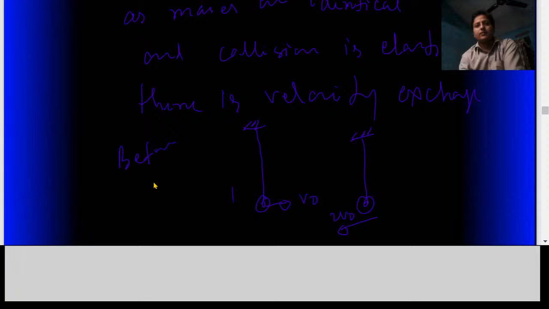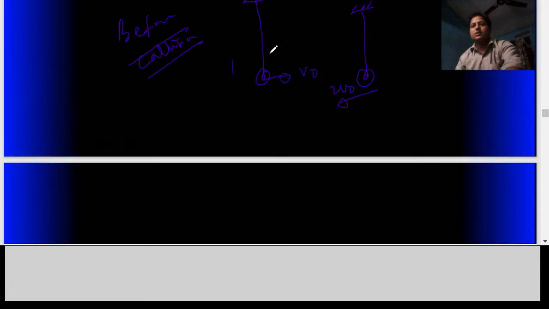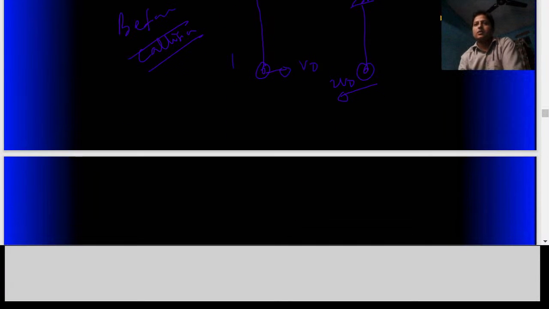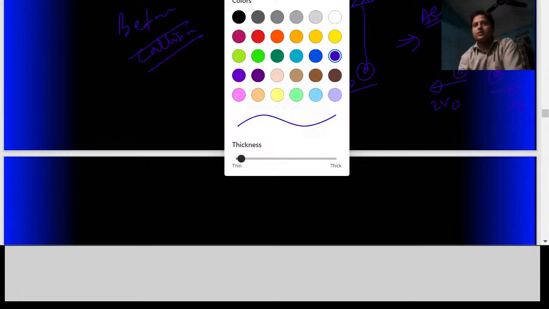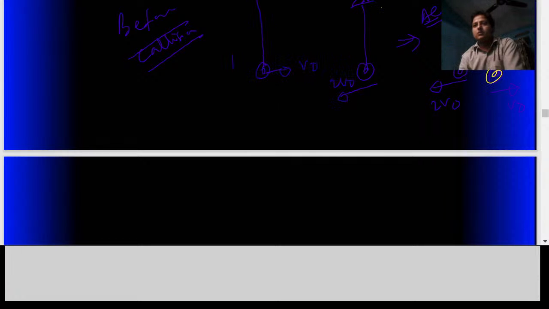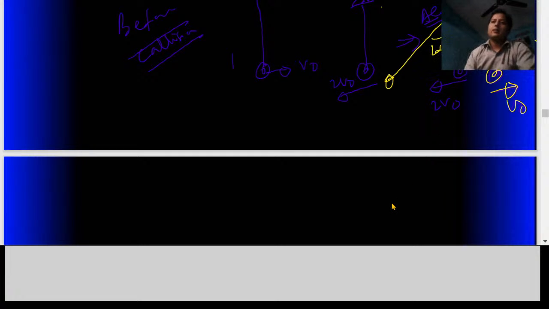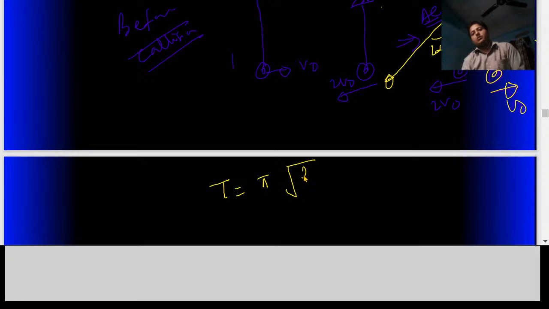Before collision the pendulum situation is like this, and after collision the first one moves with speed 2v0 and the second with speed v0. So now this will gain an angle of 2 alpha and this will gain an angle of alpha. And the time period for all remains the same, pi under root L over g.